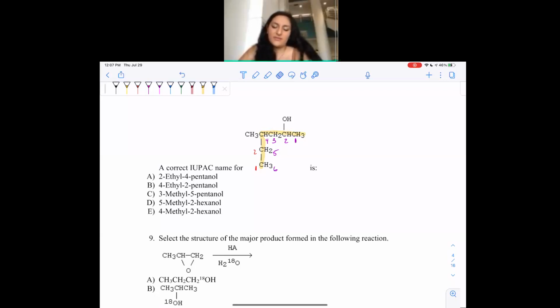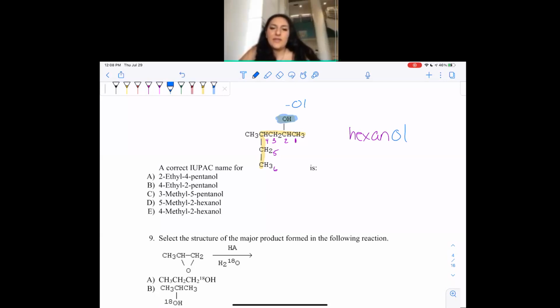So let's get rid of the red numbering. A 6-membered chain is hex. I see an alcohol and a methyl substituent. I know that alcohol is going to take priority, and an alcohol is -ol. So it'll be hexanol.